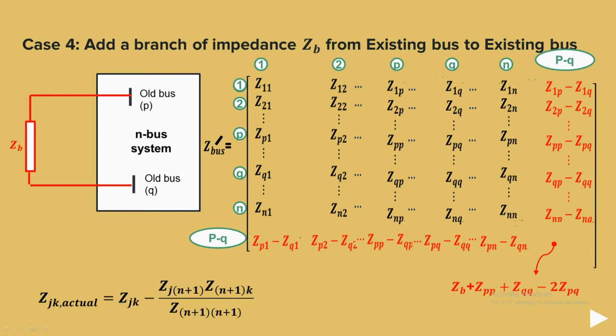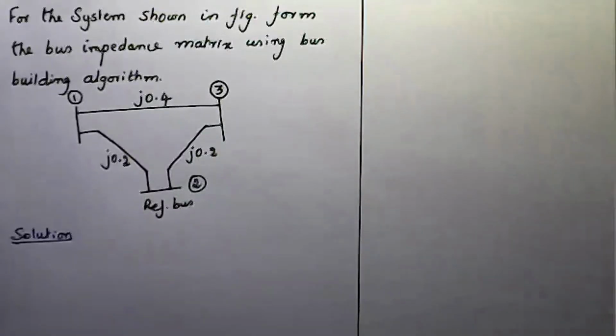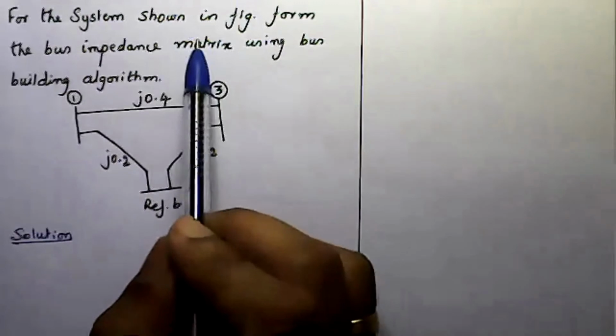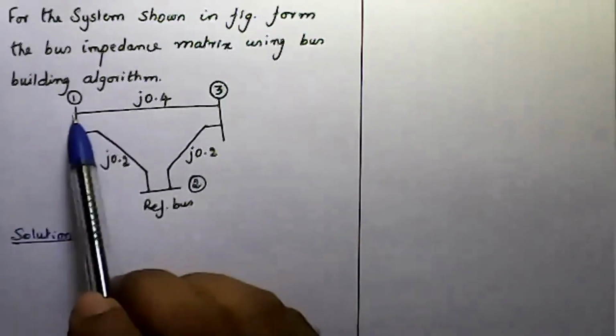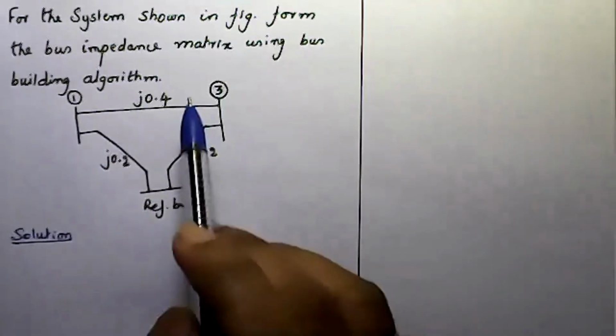This method is the best method for calculating the Z bus matrix. Let's see one example problem. For the system shown in the figure, form the bus impedance matrix using the bus building algorithm. The line diagram is given.